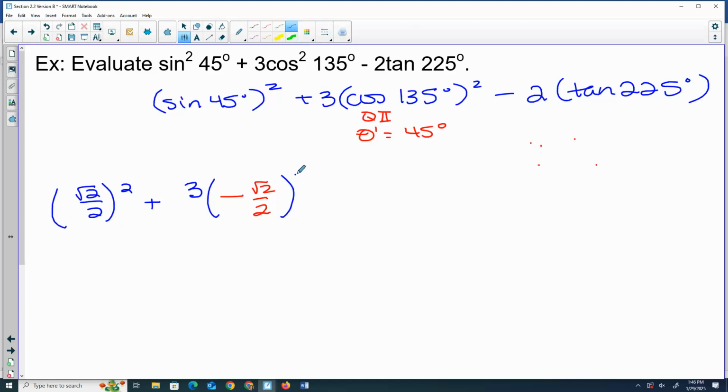Right. Minus 2 times tangent of 225. What quadrant is 225 in? Reference angle. 225 minus 180 is 45. In quadrant 3, tangent is positive. Tangent of 45, square root of the top over square root of the bottom is 1.